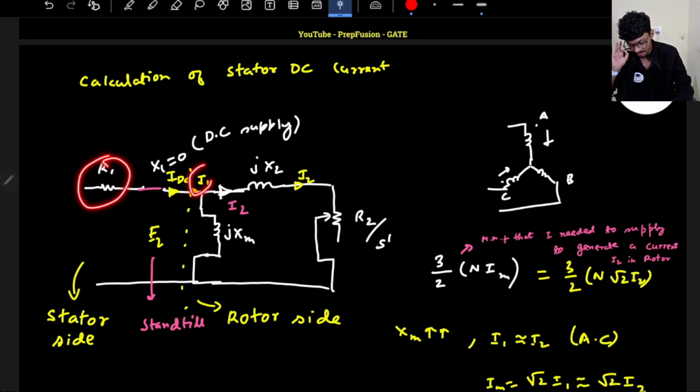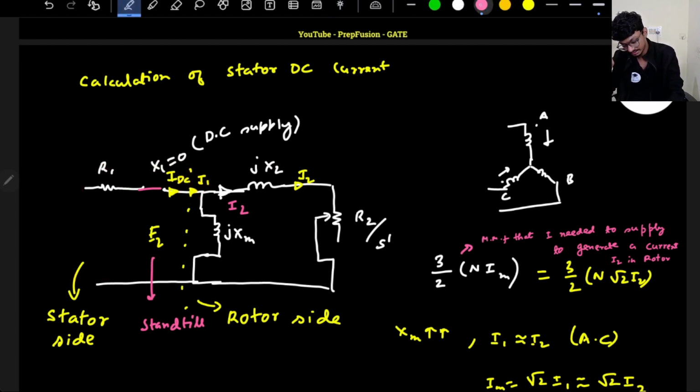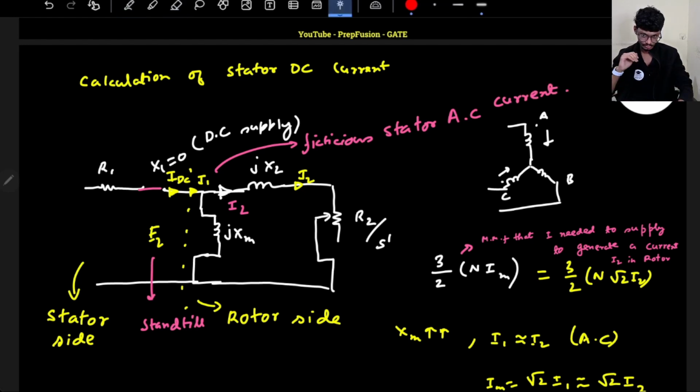This is the fictitious stator AC current.